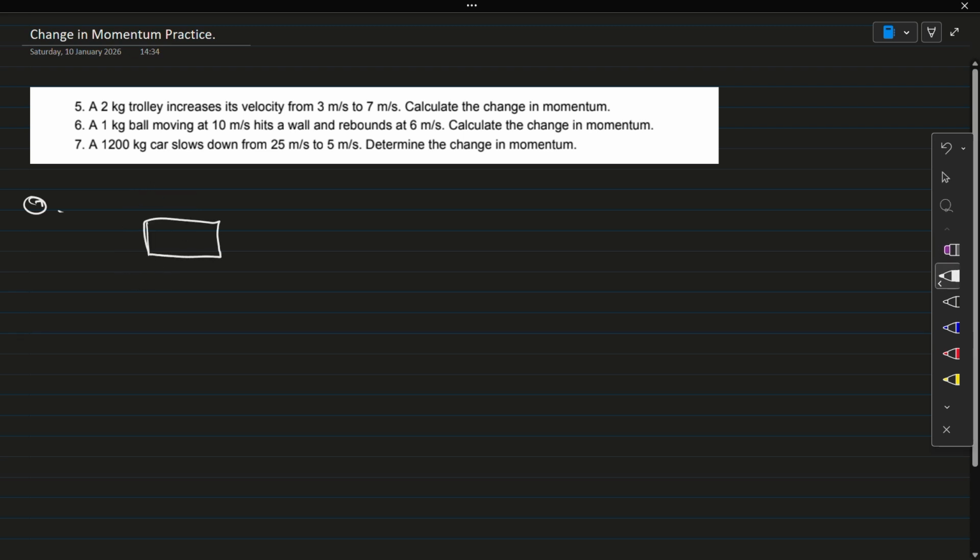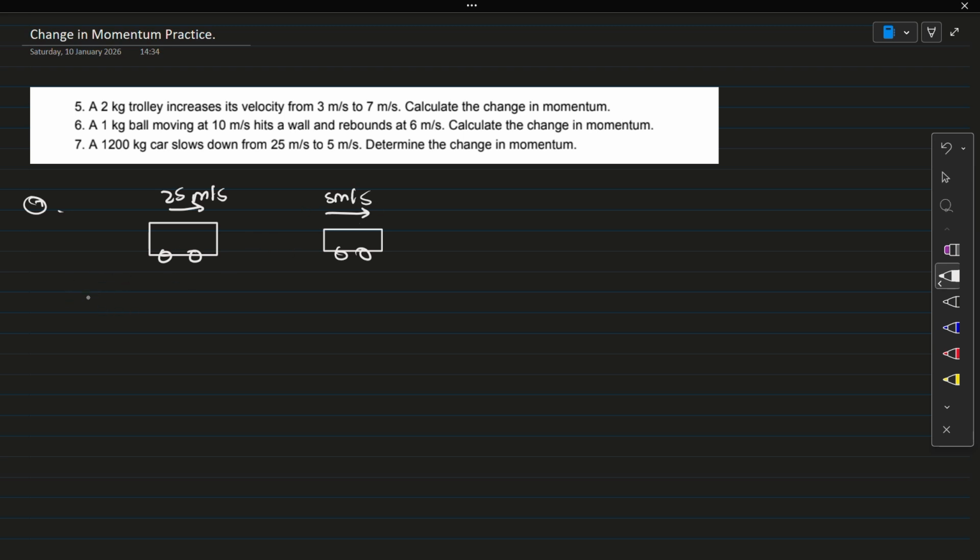It's going to the right with 25 meters per second. Then it slows down. Still going to the right, but now it's going slower, with 5 meters per second. They're saying determine the change in momentum.